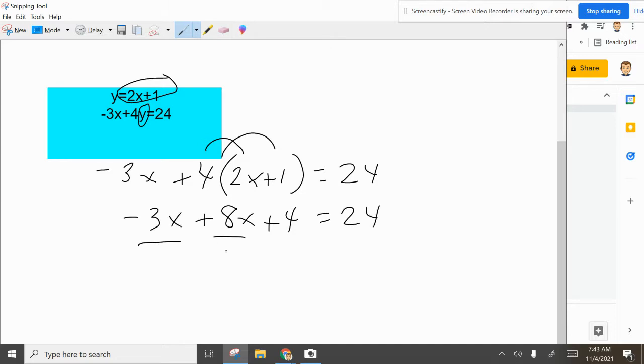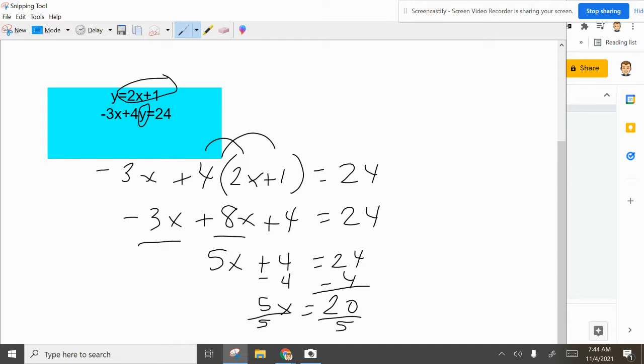Then I'm going to combine like terms. Then I'm going to subtract. Divide 5. X equals 4, okay? All that work?